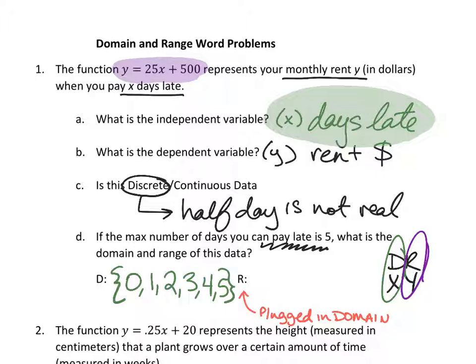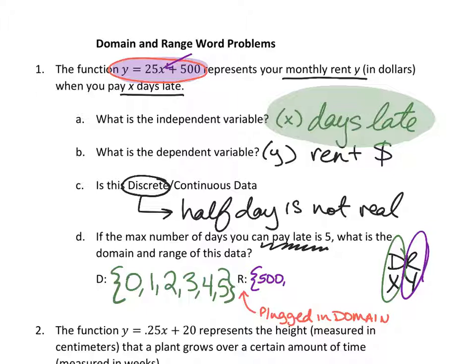We're going to plug in our domain to that equation we were given in the question itself to figure out the outputs or this monthly rent cost. If I pay on time, which means I pay no days late, I'm substituting what number into this equation? 25 times 0 is 0 plus 500? So the first number in my range is 500.